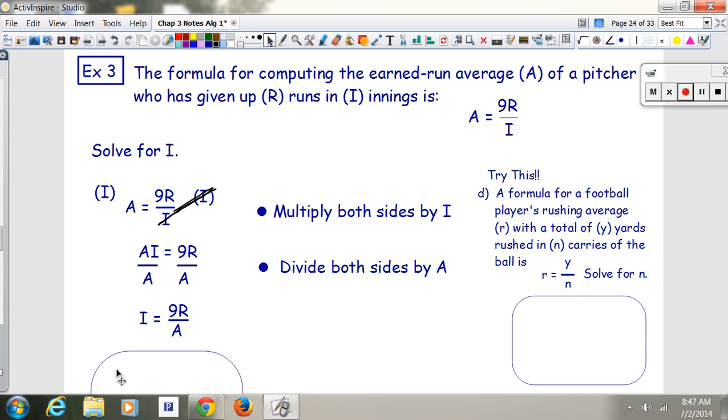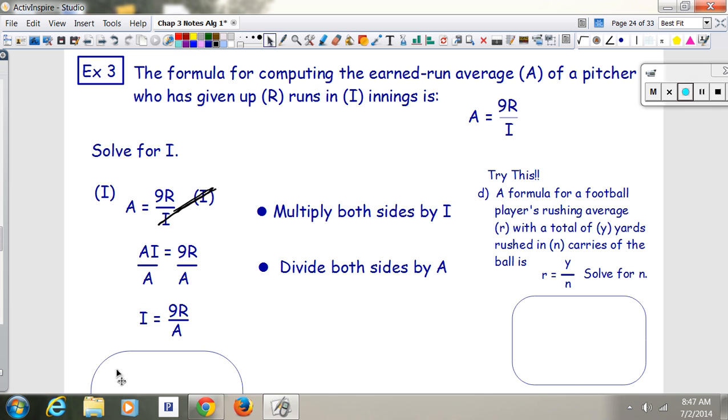It works in football. The formula for a football player's rushing average, R, with a total of Y yards and N carries: the rushing average is the yards divided by the carries. Take how many yards you got for the year, divide by how many carries you got for the year, and you get his rushing average. We want to get N, the number of carries, by itself.